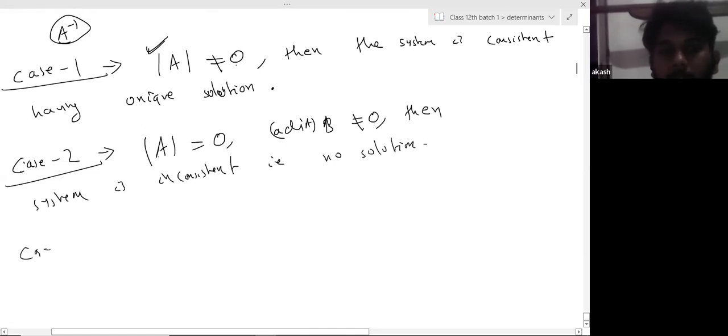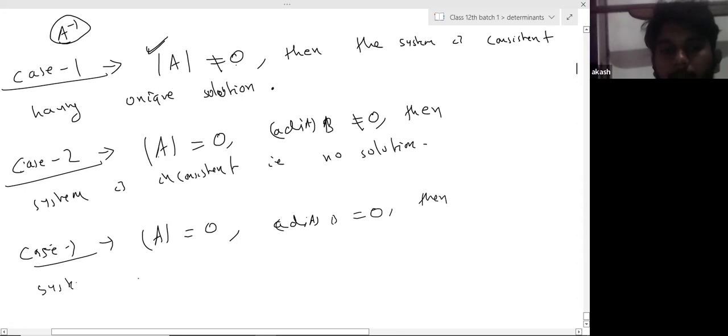In case 3, if the determinant is 0 and even this is 0, then the system may be consistent or inconsistent.